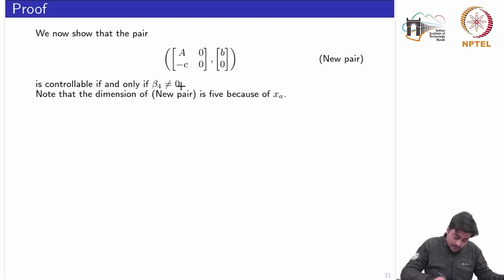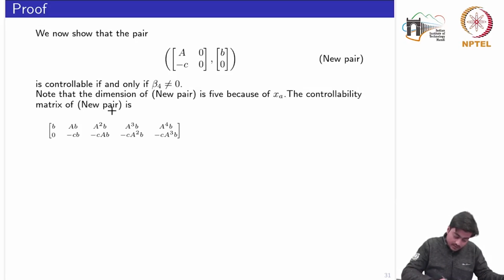Note that the dimension of this new pair is 5 because of xa. Since xa is a scalar, the dimension of A would be n, but c is a row vector, and since we have considered n is equal to 4, the overall dimension of this state matrix would be 5.